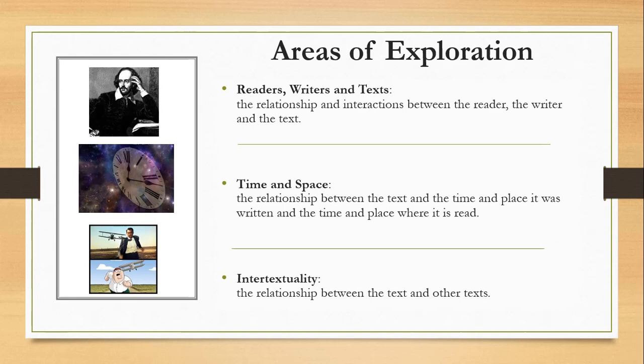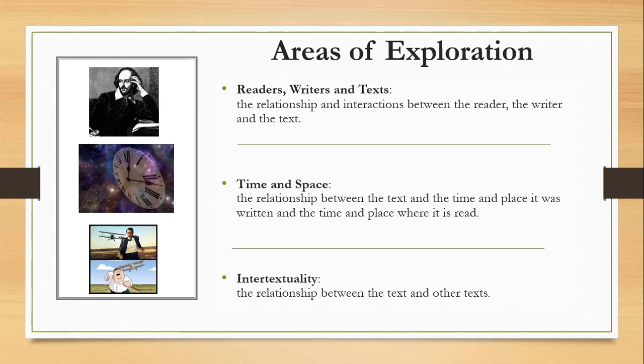Readers, writers, and text is really quite simple. It's about close reading of the text and understanding the relationship between why the writer chose to do it in certain ways or why you react to it in certain ways. Time and space looks a bit further at the elements surrounding the text, such as when it was written, where it was written, and what kind of things affected the choices of the subject matter and the way it's approached.